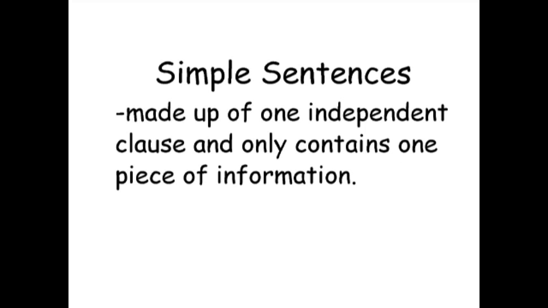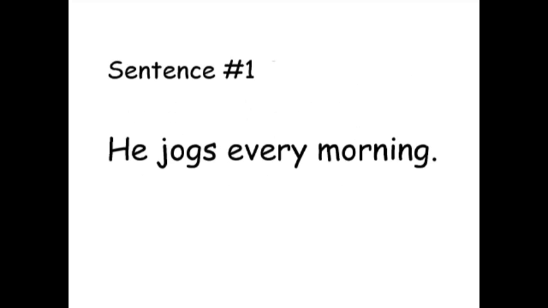Simple sentences are made up of one independent clause and only contains one piece of information. For example, in the first sentence, he jogs every morning. It has a complete thought and has a subject, he, and a verb, jogs.